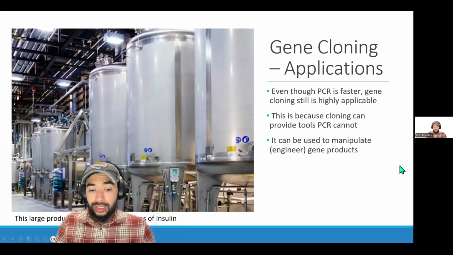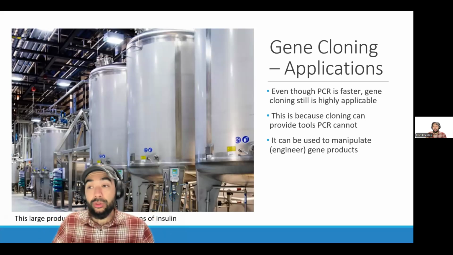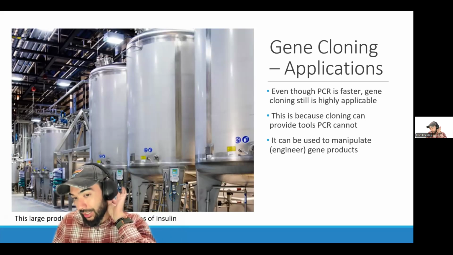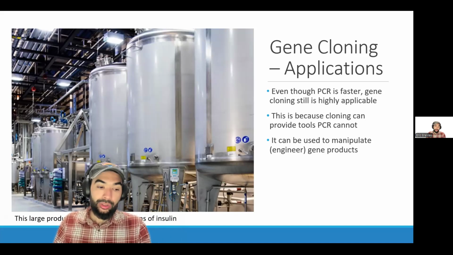Okay. And so even though PCR is this amazing, great tool, it's so often used, like almost every genetic lab uses it, it doesn't mean that gene cloning no longer has application, and that it's just no longer used. Gene cloning does have application to this day, and that's because it offers something that PCR does not.